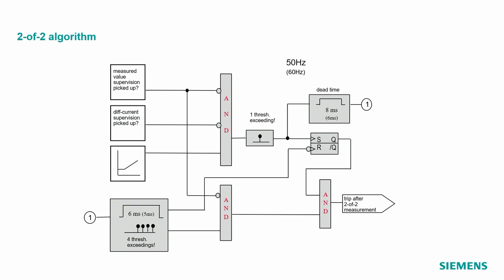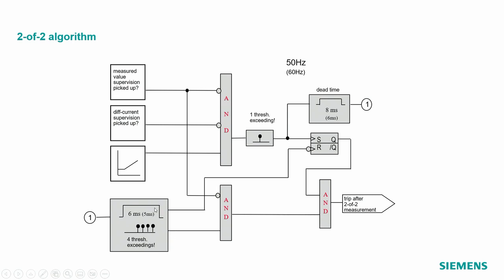So one threshold exceeding, we start at that time, and then after 8 milliseconds for a 50 Hz system, we are starting a 6 millisecond measurement window. It's only 5 milliseconds for a 60 Hz system, and within this window we must fulfill 4 threshold exceedings.